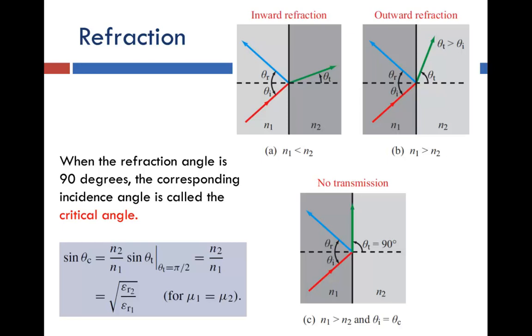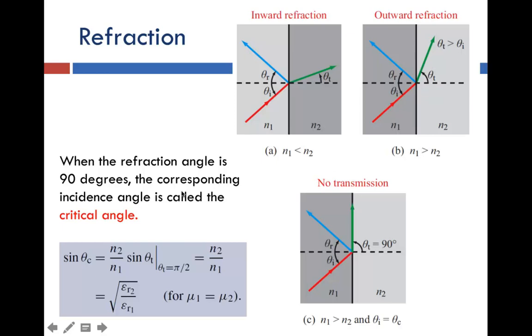If the index of refraction is lower, for example going from water to air or glass to air, then the transmitted wave direction of propagation bends away from the normal. And you can see that in an extreme case, if theta incident gets large enough, theta transmitted becomes right along the surface and becomes 90 degrees.